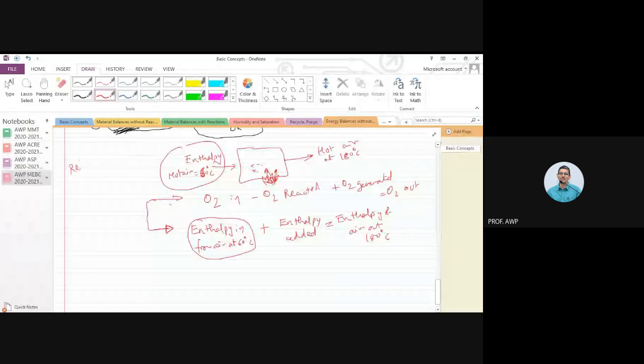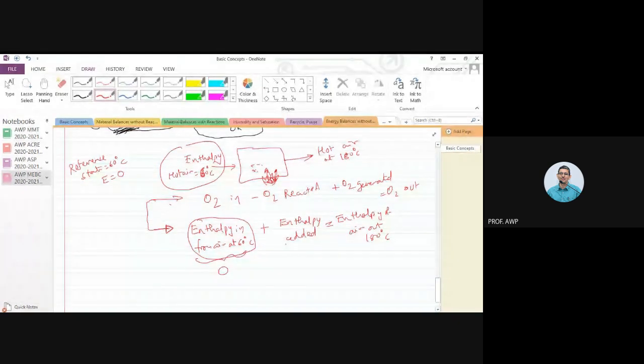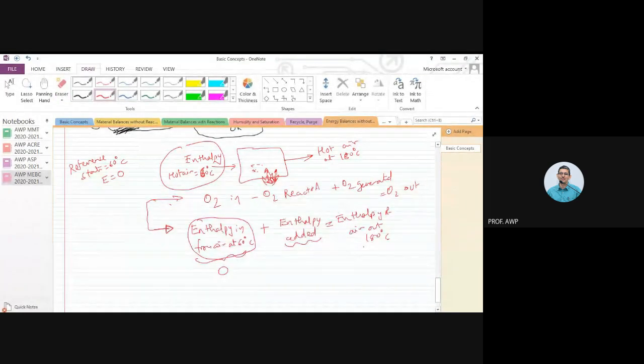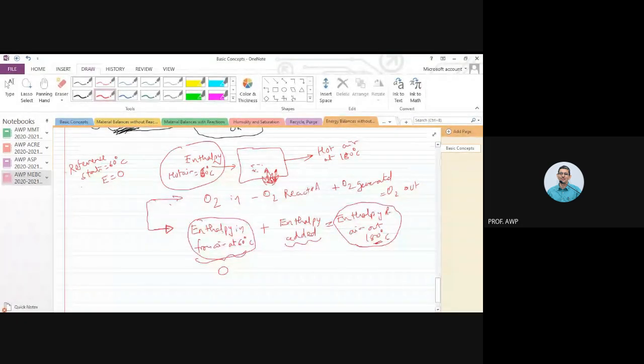Suppose my reference state is 60 degrees centigrade. Air has 0 enthalpy at 60 degrees centigrade. Then this value is 0 plus whatever we have added. We added, suppose, 30 joules, or if we know the mass and the specific heat, we can find out the enthalpy at 180 degrees centigrade with respect to this reference condition.